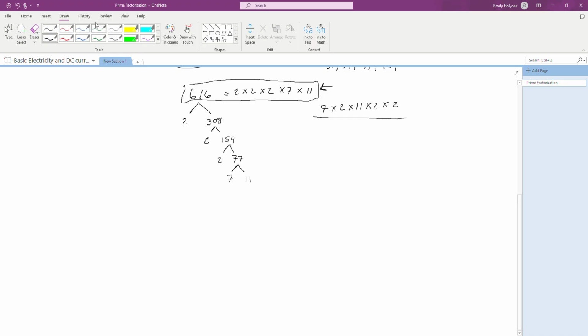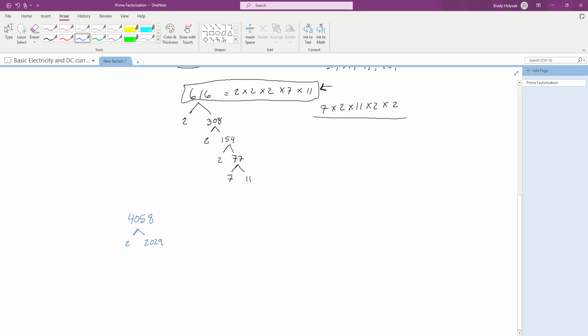Okay, let's look at one more example. If I take 4,058, and I want to break it into its prime factors. So first thing is, it is even, so I'm going to divide it by 2. And that's going to give me 2029.